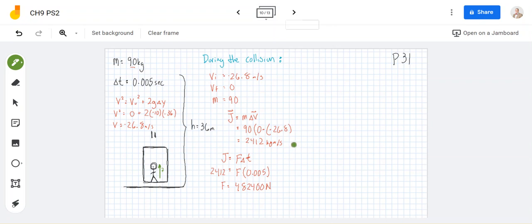So we're actually going to do the same thing here, and we're going to calculate the new impulse and the new force. The only thing that's going to be different is instead of the initial velocity here being negative 26.8, the initial velocity is going to be negative 19.8 meters per second.